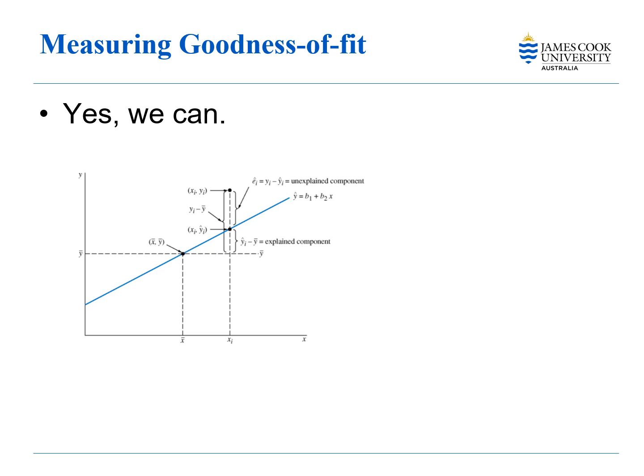Okay, let's look at this graph. The horizontal axis is x, the vertical is y, and this blue line is our regression line, which is y hat equal to b1, the estimate of beta 1, plus b2, the estimate of beta 2, times x.